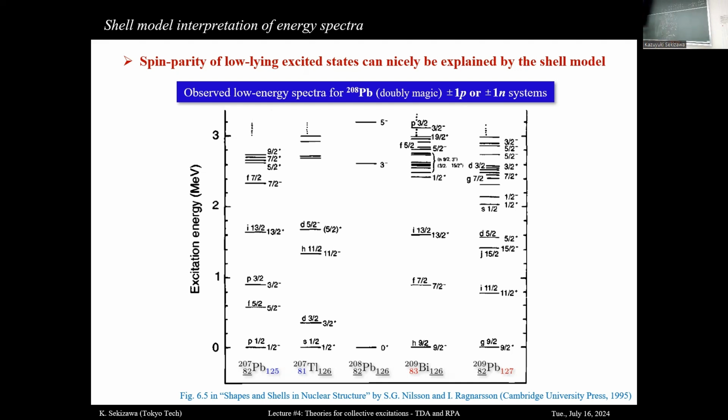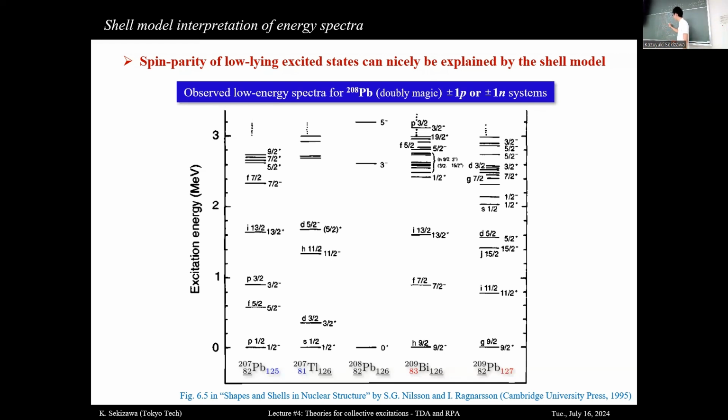And just to mention, for instance, in the case of thallium-207 here, you have 81 protons. So it is somehow different. In this case, you can regard it as one hole state. You have a fully occupied closed shell of 82, but we have one hole.